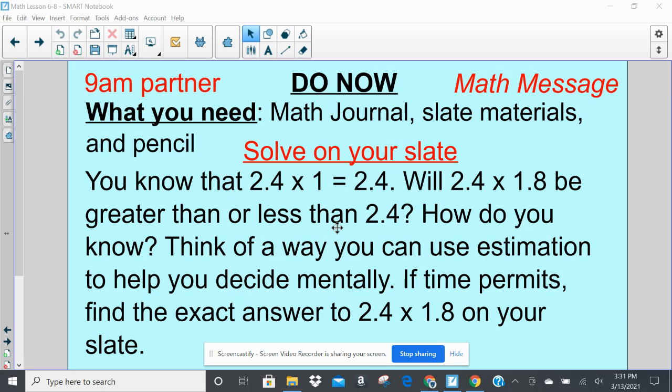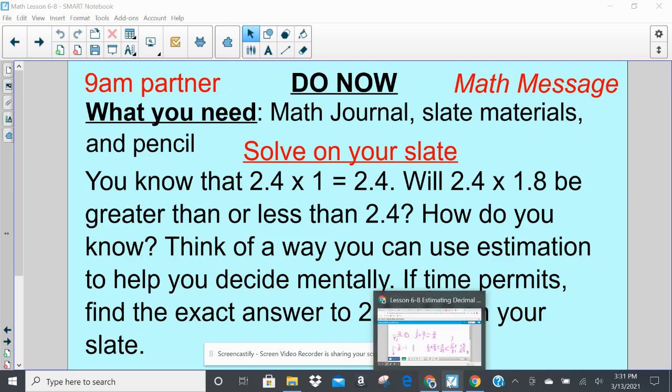How do you know? Think of a way you can use estimation to help you decide mentally. If time permits, find the exact answer to 2 and 4 tenths times 1 and 8 tenths on your slate or on a piece of paper.